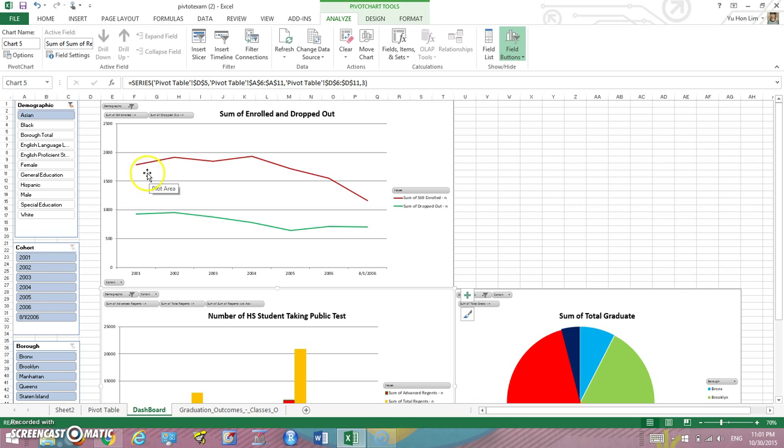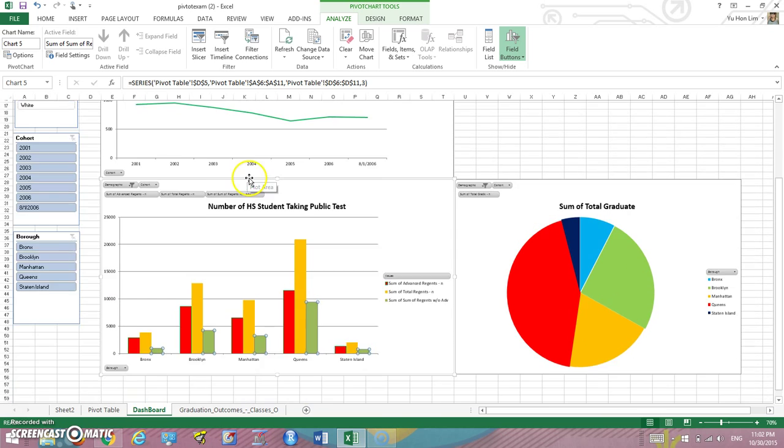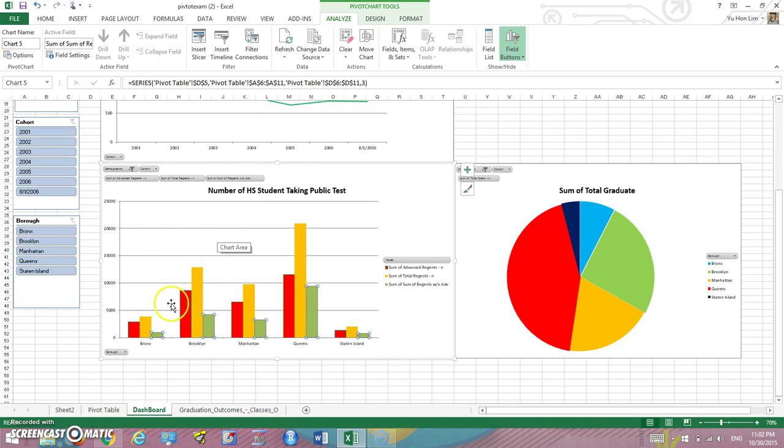The enroll number is around 2,000, and the dropout number is around 1,000. So that means if two Asian students enroll in school, possibly one would drop out, because the ratio is 2 to 1. We can see right here that Queens has the highest.